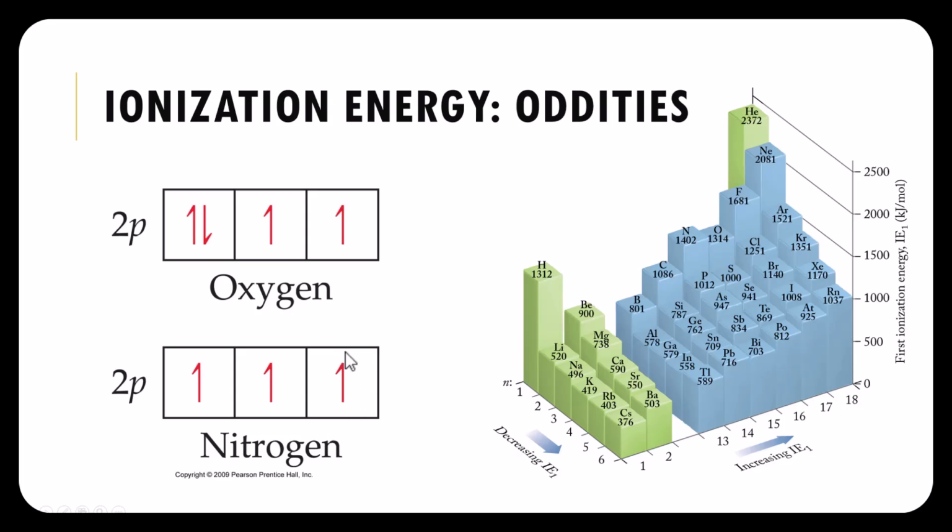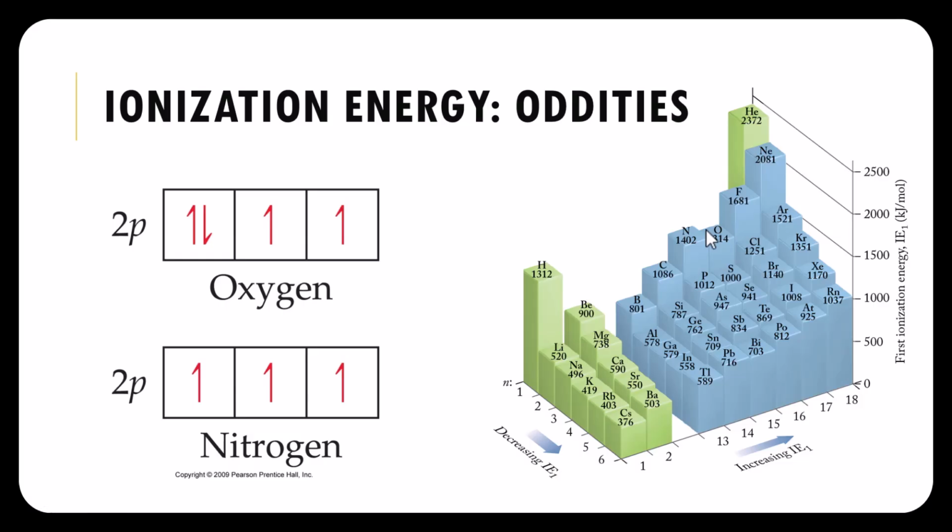This unpaired electron is kind of like, you know what, I'm good just hanging out here. Where these two paired electrons, there is a little bit of repulsion. There is a little bit of kind of pushing away from each other. So it's a little bit easier to take this electron than it is to take an unpaired electron. So that's this little like boop right here. Easier to take our paired electron than it is to take the unpaired. So that's why we see that little dip.